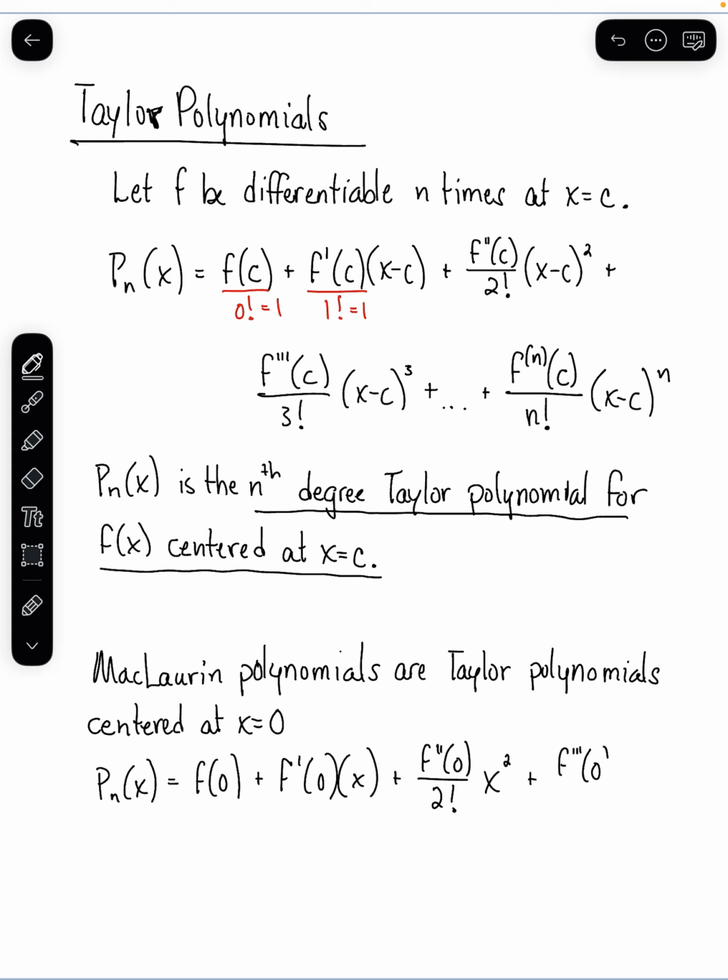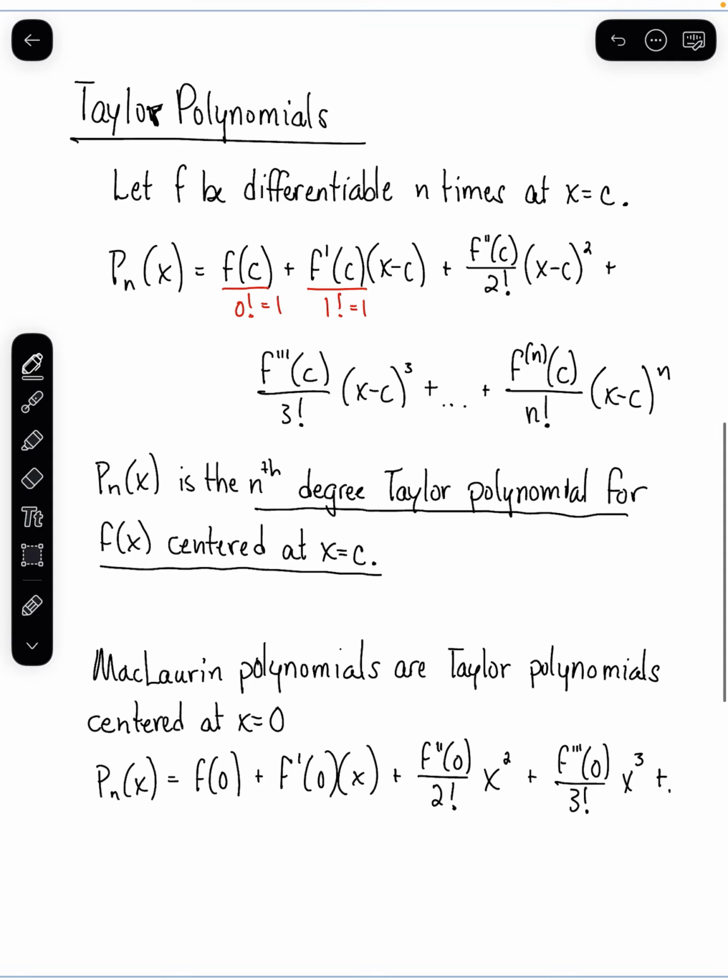And then the third derivative at 0 over 3 factorial times x minus 0, or just x, cubed. Going as far as the Taylor polynomial did.